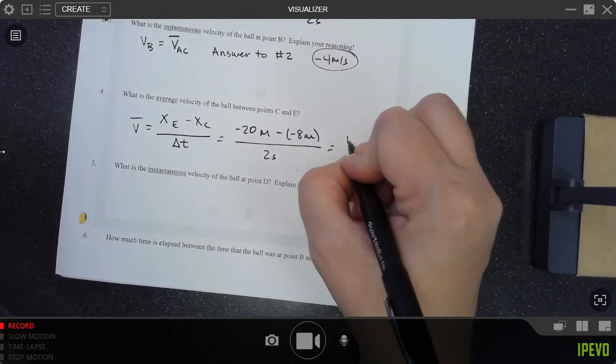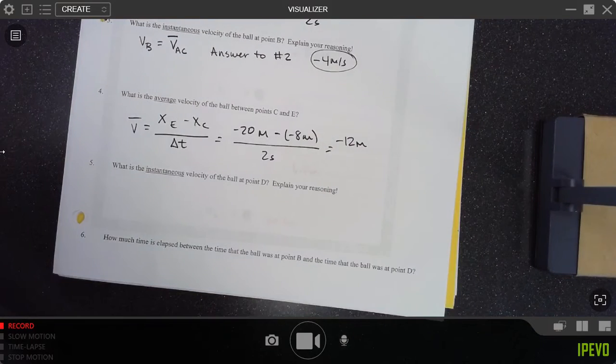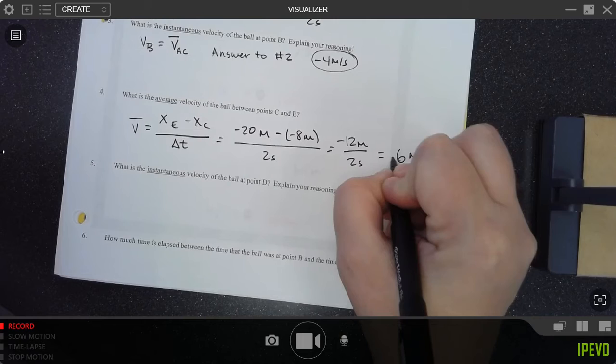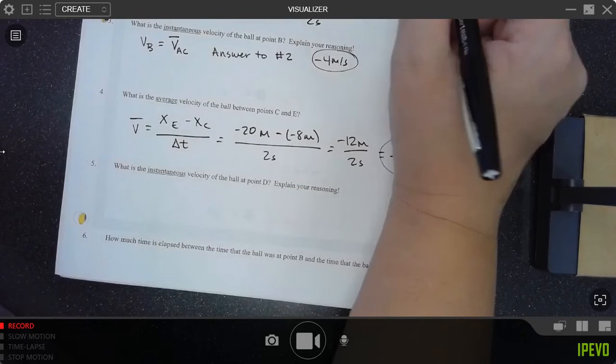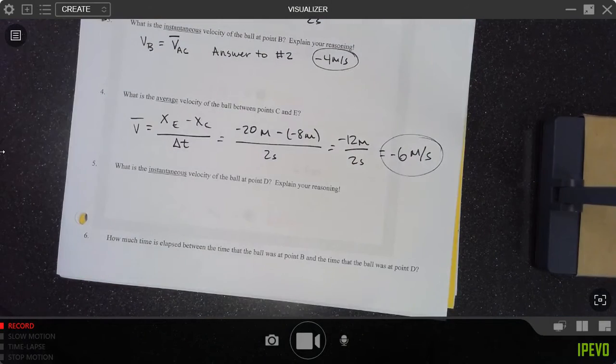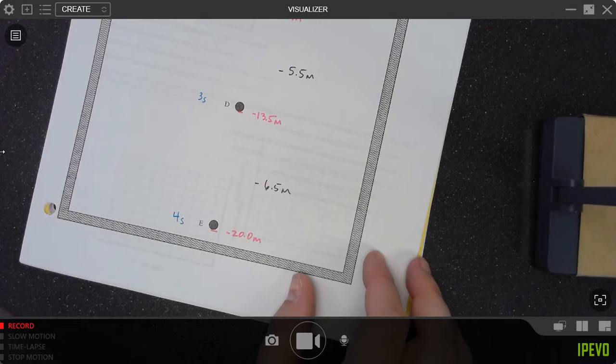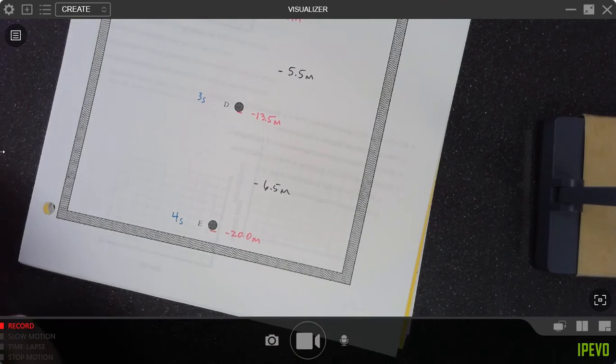So this is going to be minus 12 meters divided by 2 seconds, minus 6 meters per second. I forgot the negative. What do you guys notice about our velocities here? They are all negative.